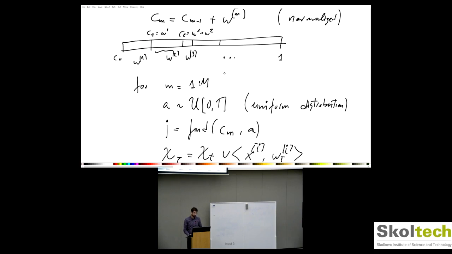So you sample. Say that your distribution is here. This function is going to be telling you to which particle this sample belongs. So in this case, it's going to be W3, or particle 3, right? In this case, it's 1.